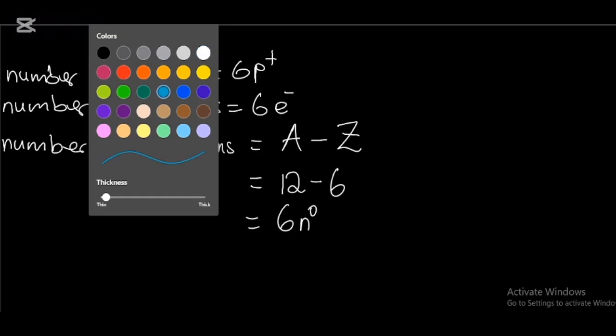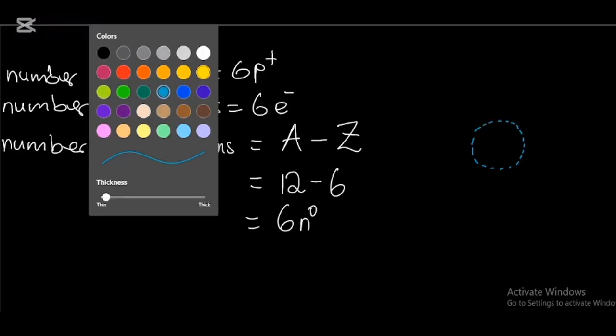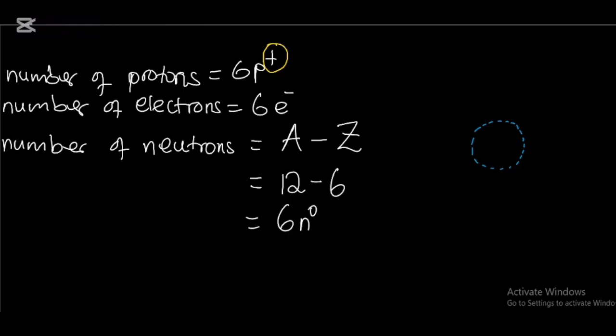We'll start by drawing the nucleus. We'll use a yellow color to draw the protons, which are positively charged. So we have 6 protons: 1, 2, 3, 4, 5, and 6.